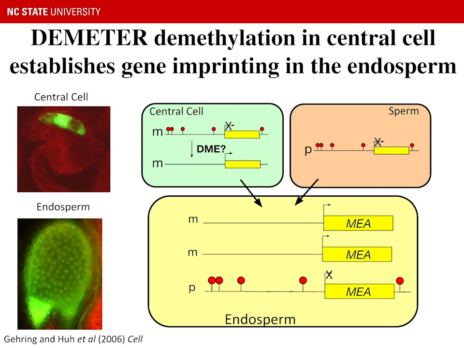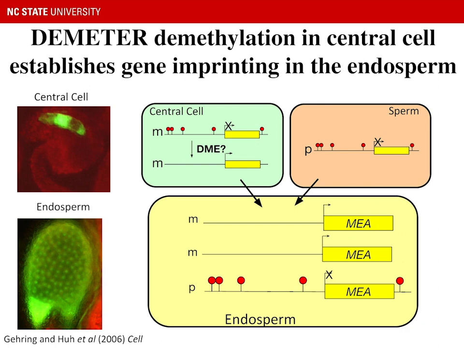So many years ago, we established, based on both in vivo and in vitro evidence, we're pretty confident that what happens in the central cell is DEMETER comes in, it gets turned on, and removes the methylation on the Medea gene and turns on Medea. And this process doesn't occur on the sperm side.